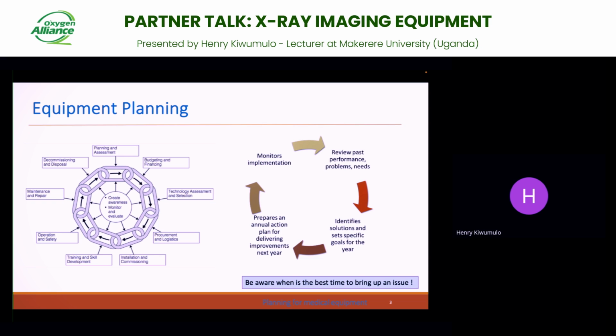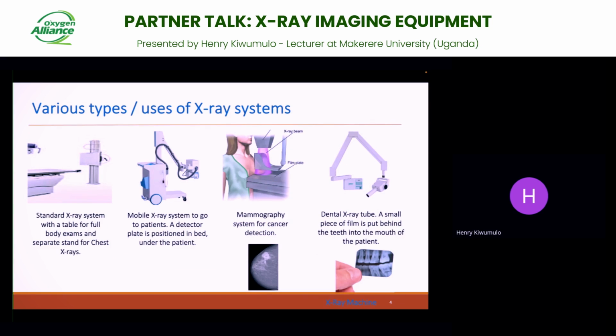You also have to be aware of the best time to bring up an issue during the planning. All of this has to be embedded in the plan so that you are not taken unaware, especially after investing a lot of money in buying equipment. So we have various types of X-rays that most of you have come across.